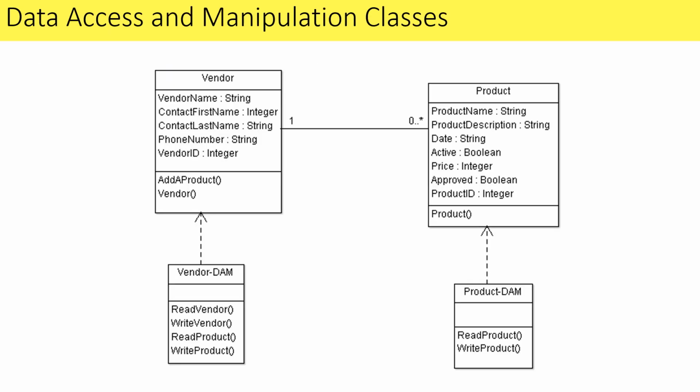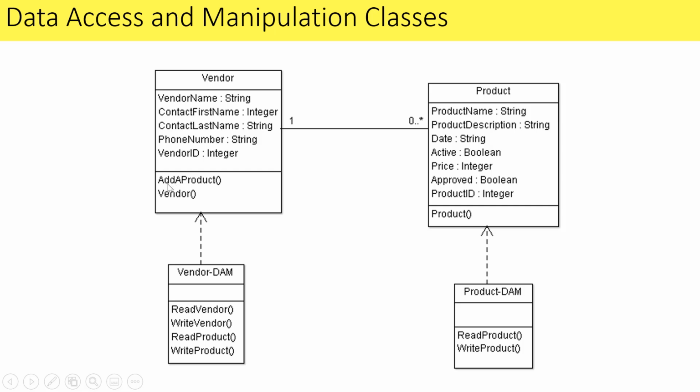So let's have a look at an example. Here we have a vendor class, and we have a product class. So one vendor may have 0 to many products. That's the relationship. The attributes of vendor are vendor name, contact first name, contact last name, phone number, and vendor ID.